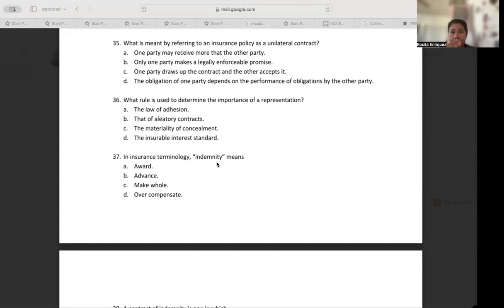Lateral means side. Lado in Spanish, like unilateral. Only one side, only one lado. The answer is only one party. It's letter B. Only one party makes a legally enforceable promise.